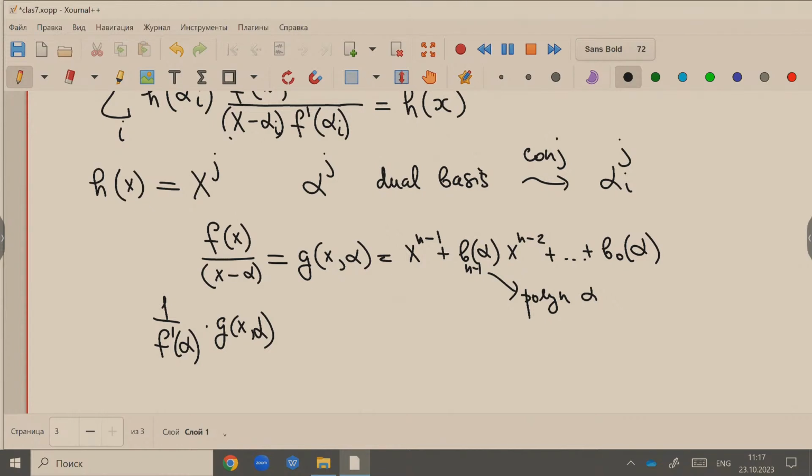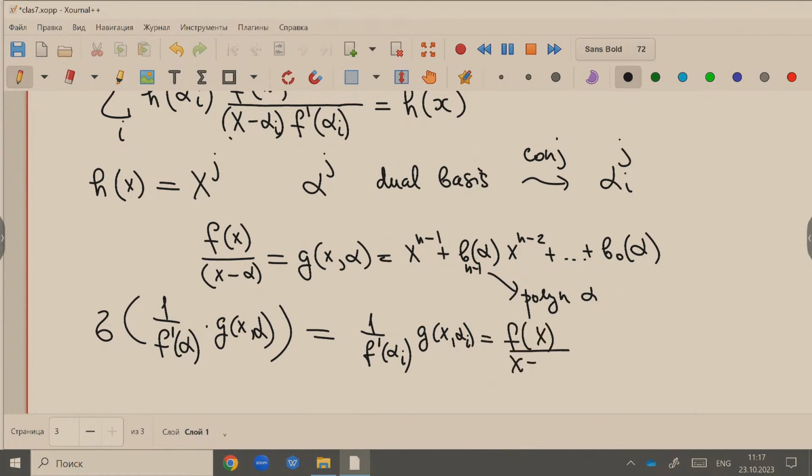And if you apply sigma to this expression, this is simply substituting alpha i in this expression. So this is simply writing down 1 over f prime of alpha i, and upstairs you are writing g(x, alpha i), and you are writing f of x divided by x minus alpha i, and writing down this derivative.